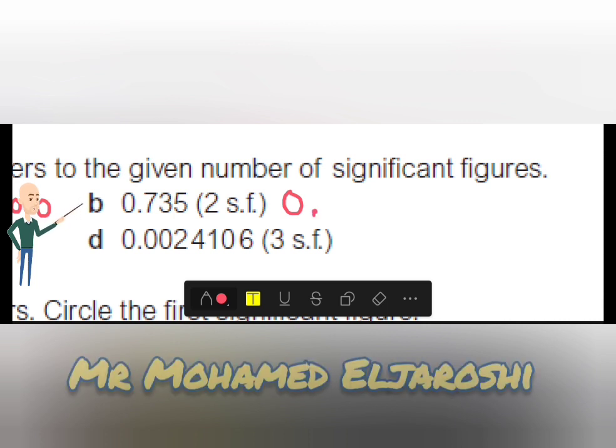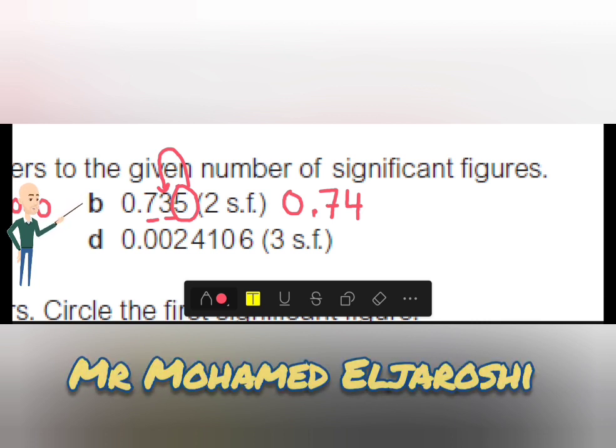Now you start counting two significant figures, which is 1 and then 2, and then you look at the number after the second one, which is the 5. The 5 is big, so you're going to add 1 to the 3. So it's going to be 4. So the answer will be 7, 4. And the rest of the numbers are zeros, and here we don't write them because it's after the decimal point.